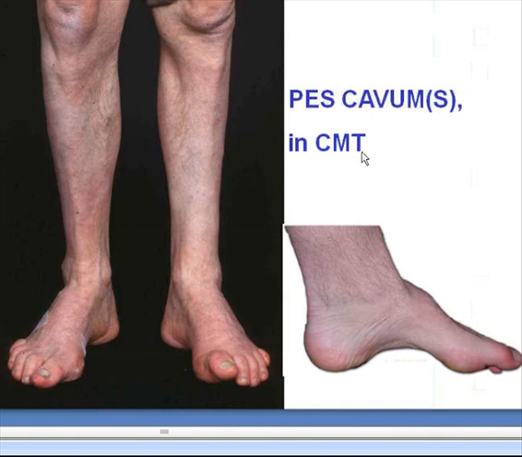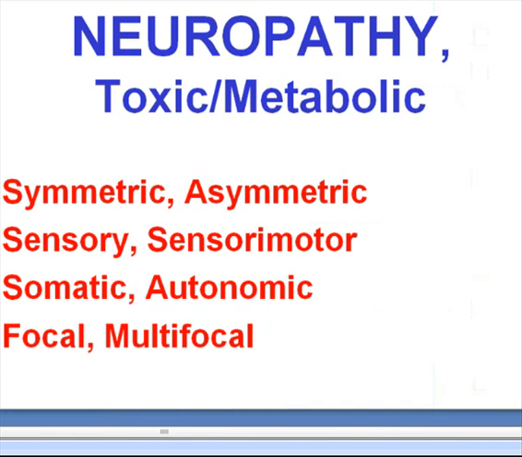Does it involve primarily sensory function or also motor function? And of course, if it involves motor function and it's severe, there'll be motor fiber atrophy. Because remember, the rule is if you cut the nerve, the muscle fiber dies. And you might also ask whether the changes are somatic or autoimmune.